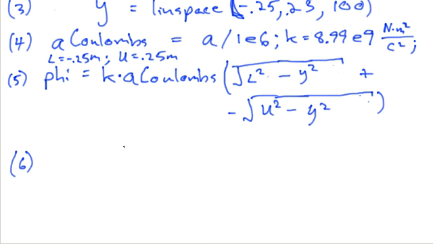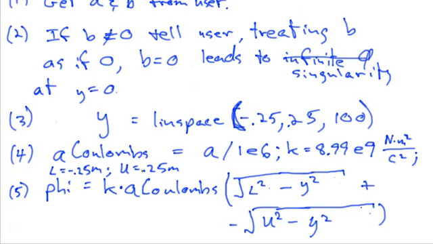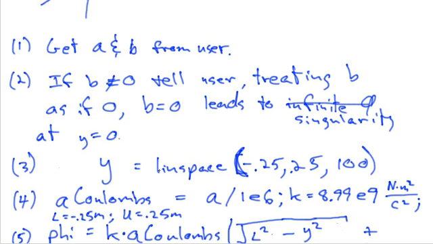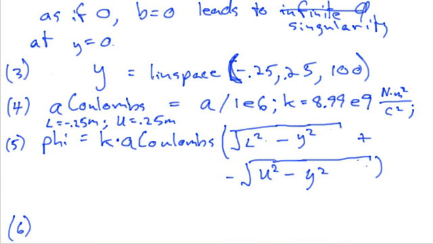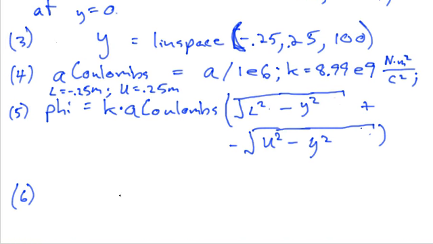Making a graph of phi versus. Oh, wait a second. I forgot about the other graph. So, yeah, I probably don't like the order of these, but I don't have to. I can put 6 and then 5.